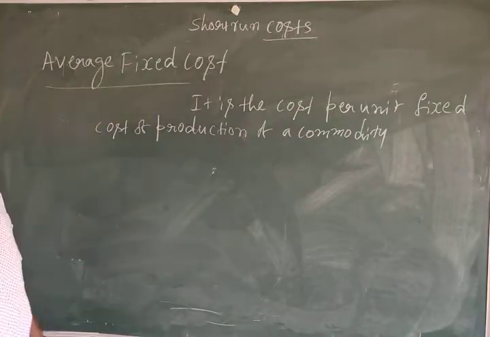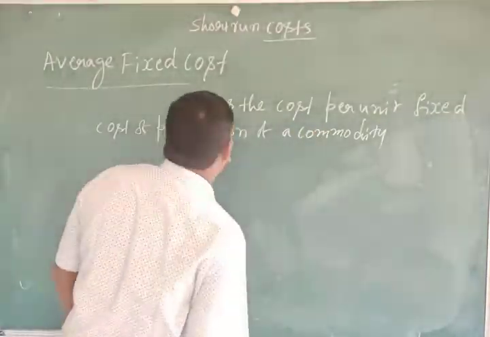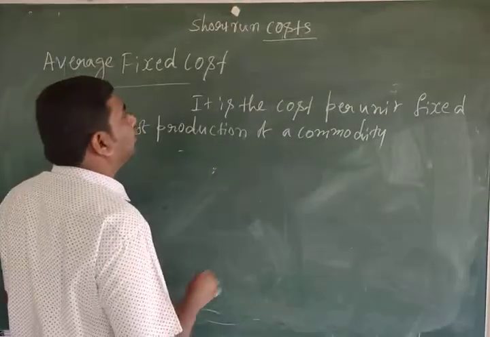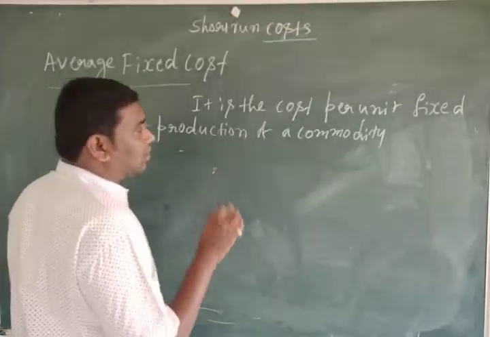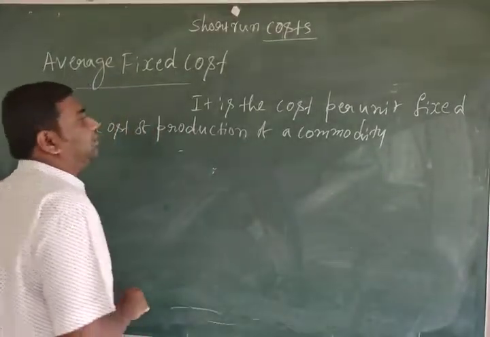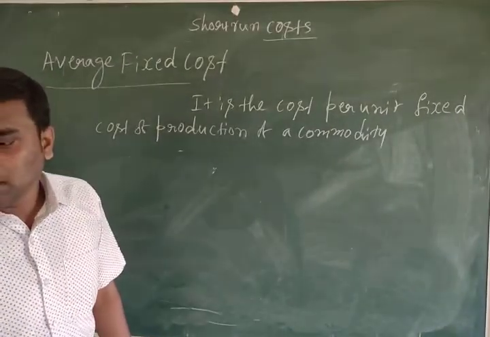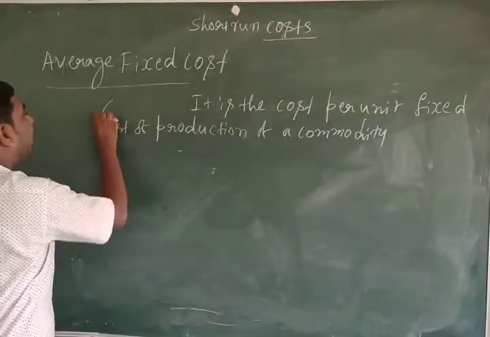Average fixed cost is the per unit fixed cost of production of a commodity. We can say it is the cost per unit of fixed factor, the fixed cost per unit of production.